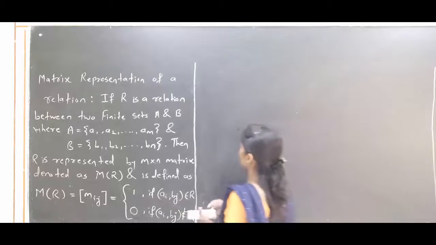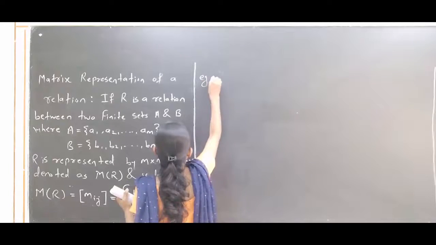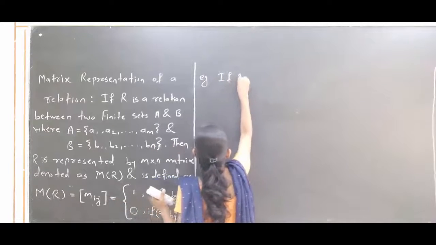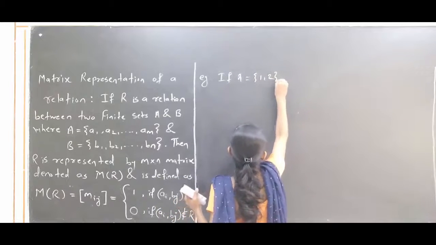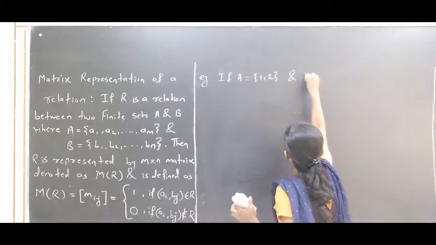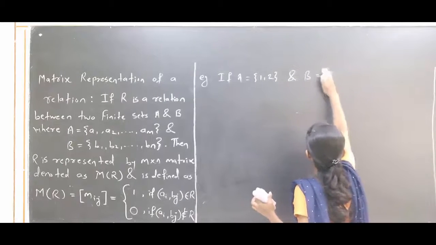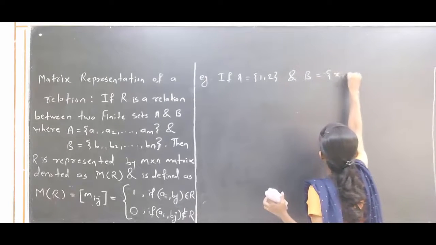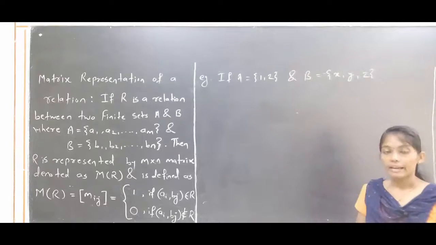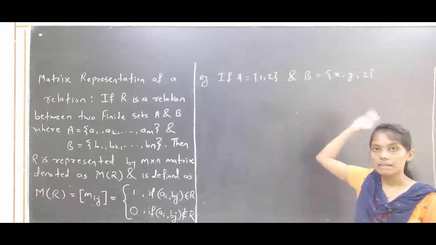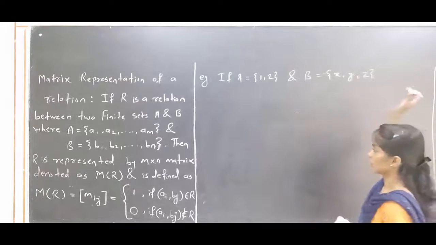So we take an example. If set A equals 1, 2 and set B equals x, y and z. So A and B both are finite sets. Okay.